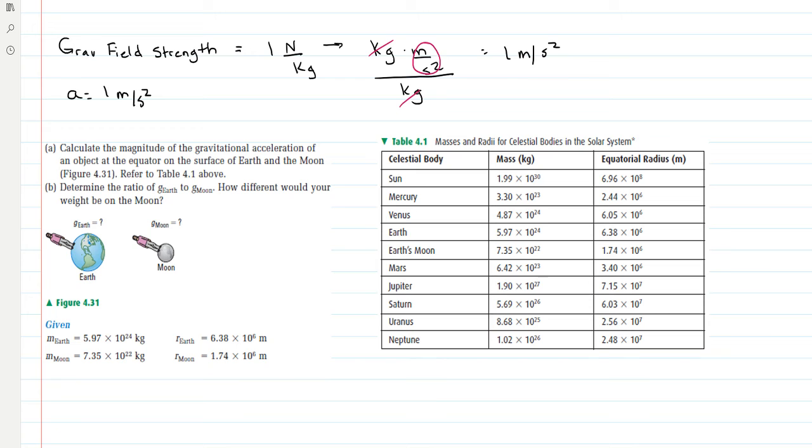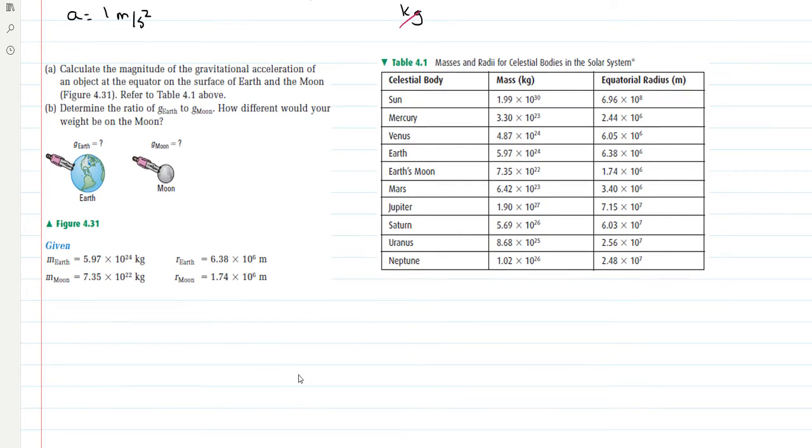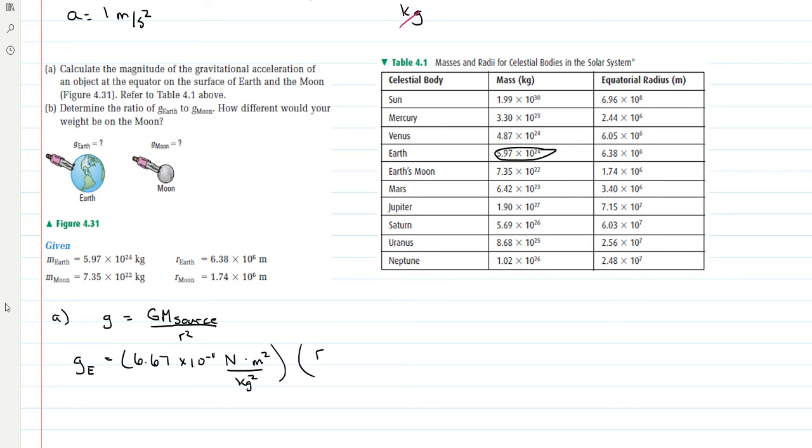Now, to calculate the magnitude of the gravitational acceleration, we use our equation, g is equal to G m source over r squared. g Earth, I'm going to shorten it to this, is equal to, and I'm trying to find Earth, so the G stays what we normally use, 6.67 times 10 to the negative 11 Newton meter squared per kilogram squared, multiplied by our m source, which would be 5.97 times 10 to the 24 right here, all divided by r squared, our equatorial radius, which is at the largest part of the Earth.